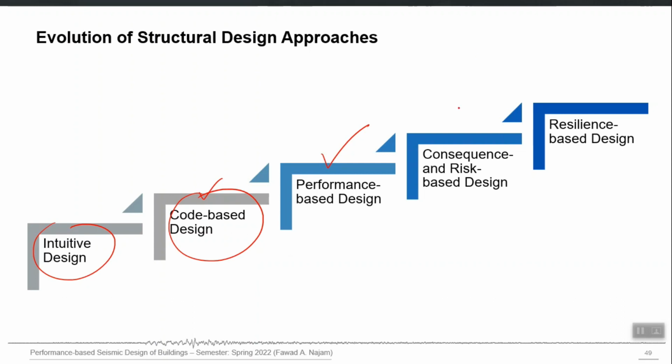But there are some other seismic design approaches also, or structural design approaches also, which are mostly coming from interdisciplinary areas and affecting the structural design ideas and philosophies. For example, one is consequence and risk based design, and the other is resilience based design. In these fancy philosophies, we actually think of the structural design as one component of an overall procedure. So we take a holistic overview of the whole procedure.